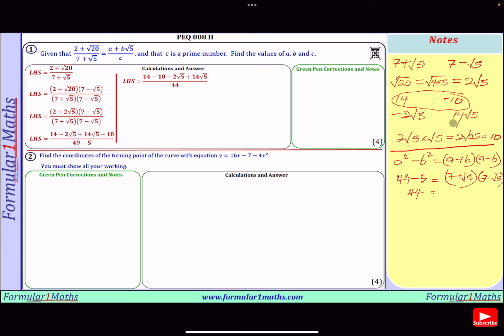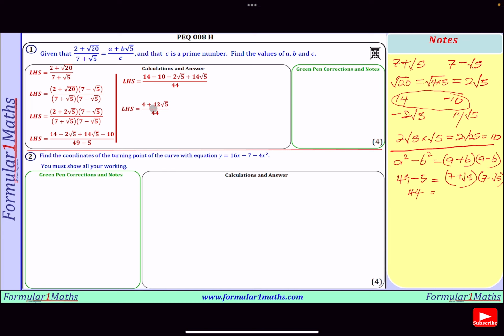And so our simplification will give us the following. At this point, you may be tempted to write down the values of a as 4, b as 12, and c as 44. But that is not the answer required because we are told that c is a prime number. So it means we need to simplify this further.